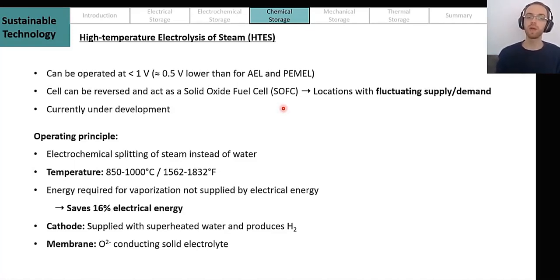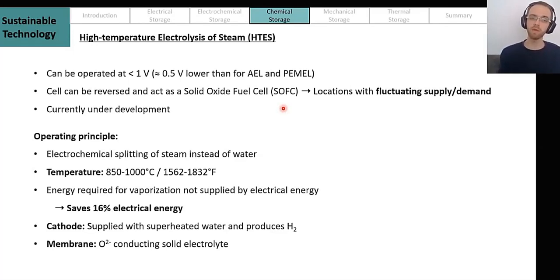This of course requires much higher temperatures, which is why this kind of cell is typically operated at temperatures of 850 up to 1000 degrees C. The energy required for vaporization doesn't have to be supplied by electrical energy, as it is for our liquid system. This heat part, which electrical energy has to cover in the liquid case, falls away, and this allows us to save around 16% electrical energy in this process.